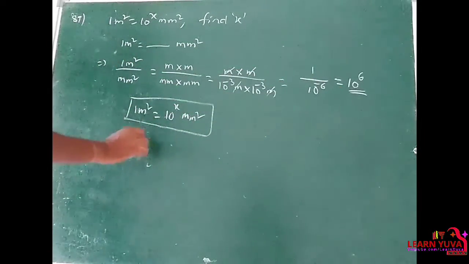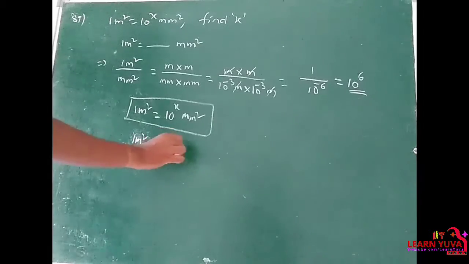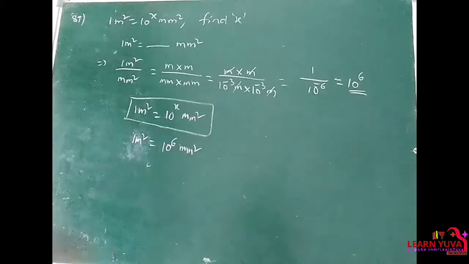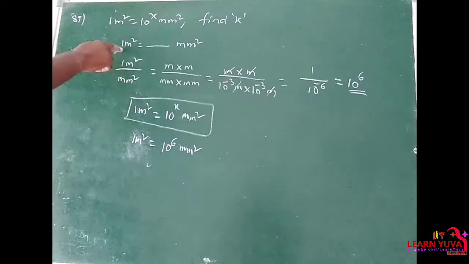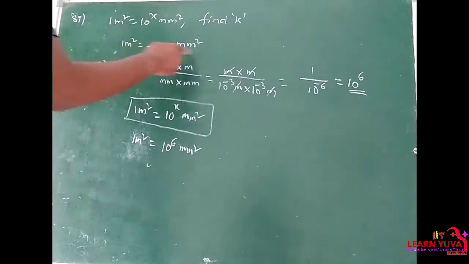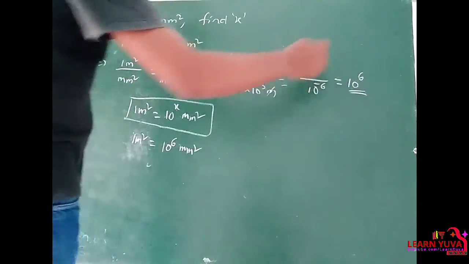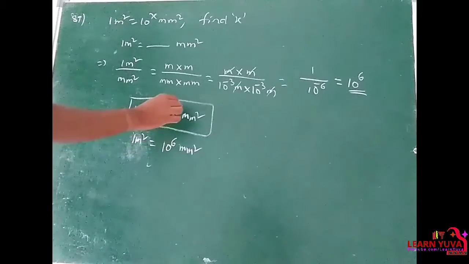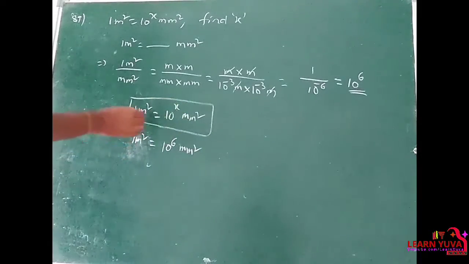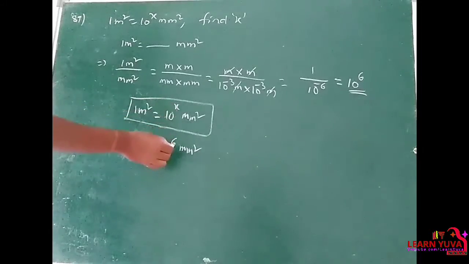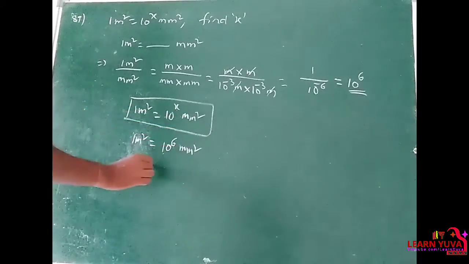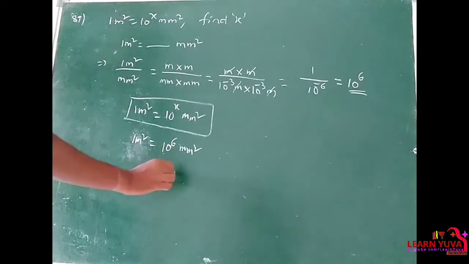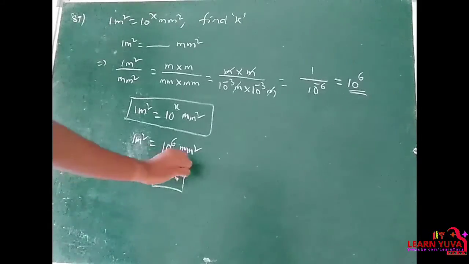So 1 meter square is equal to 10 power 6 millimeter square. So here we converted 1 meter square into millimeter square. So what is the value you got? 10 power 6. So compare this, 1 meter square is equal to 10 power x, x is in the place of 6. Therefore x is equal to 6.